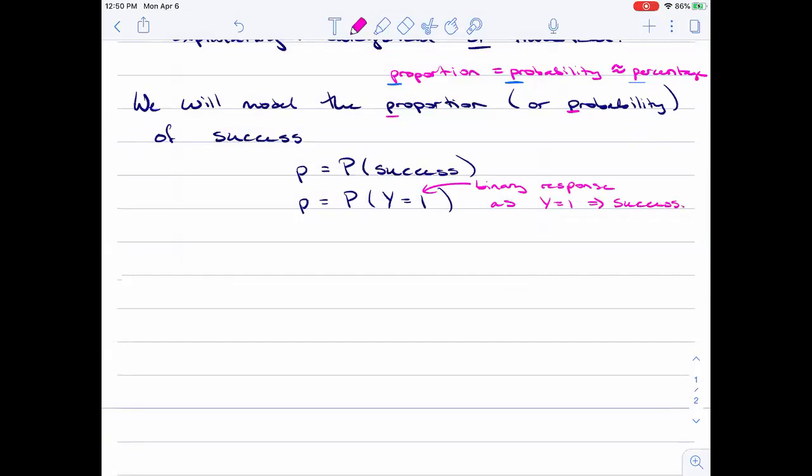So y is the response. If 1 indicates a success, then the probability that y equals 1 is the probability of success.